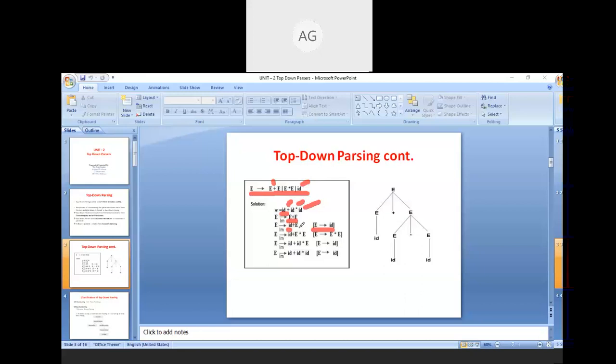After that, from E we also need to insert multiplication.